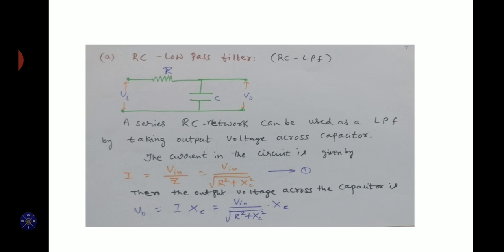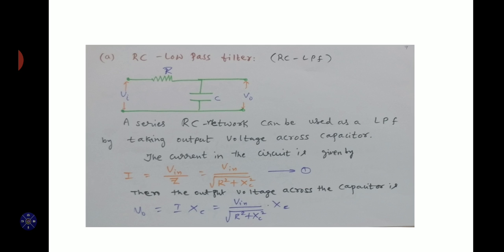The reactance of a capacitor varies inversely with the frequency because XC equals 1 by 2 pi f C. Therefore, XC is inversely proportional to F. The reactance of a capacitor varies inversely with frequency while the resistance remains constant.